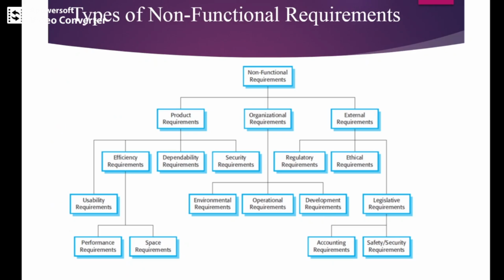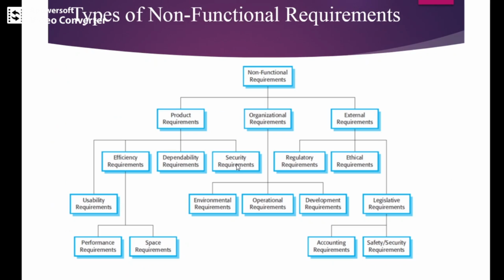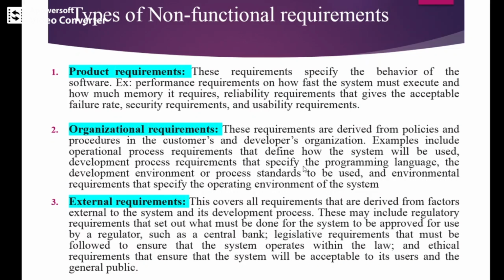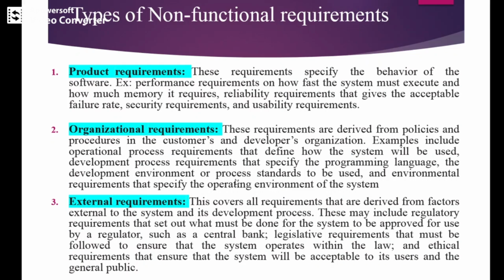So that is operational requirements. Mainly it tells how your system should be used. Then we have the development process requirements. Development requirements specify which programming language should be used, then the development environment, or the process standards to be used.